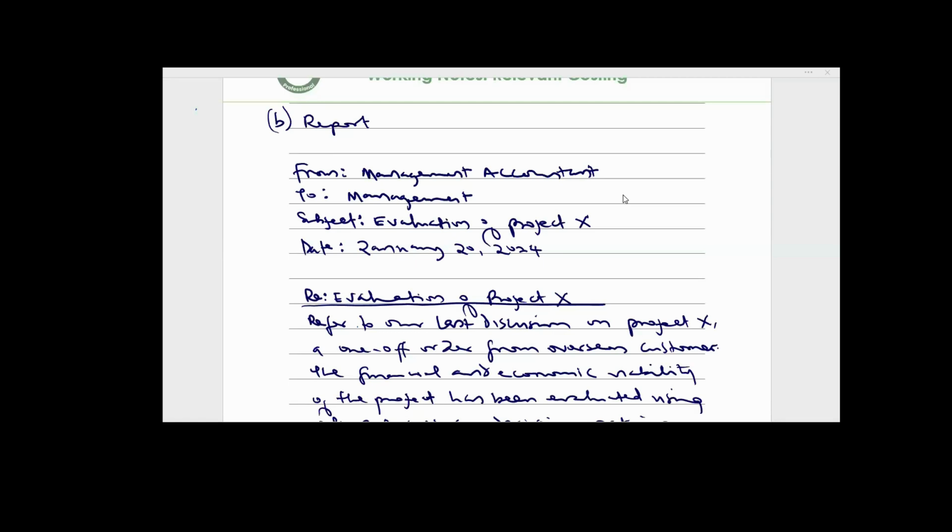So what's the second one? The evaluation, the Re. I don't really understand the Re, because Re is like something that is brought back a second time, like an issue that is attended to. Now I mentioned that when you put Re, it simply means you are referencing a prior discussion that has taken place.